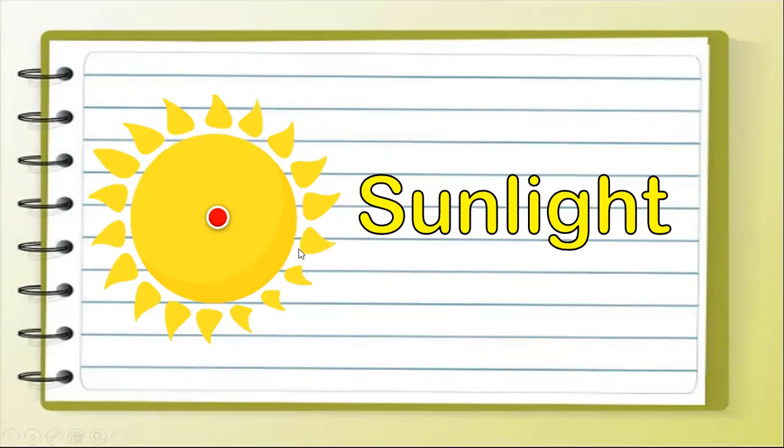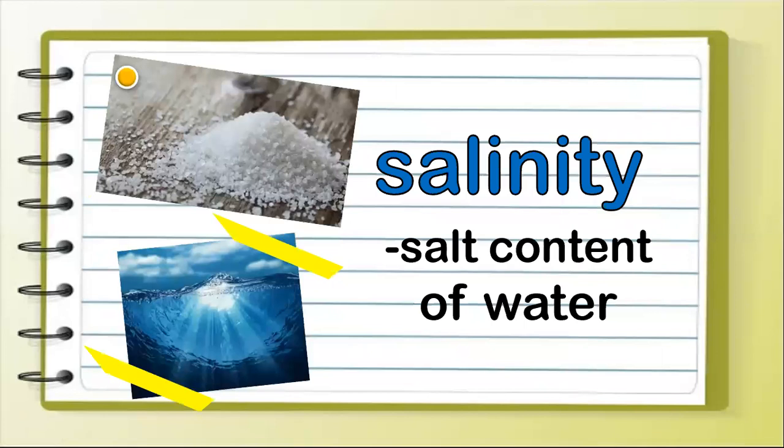Aside from that, this is a non-living thing that gives off energy to plants and animals. We have salinity, the salt content of water. Some aquatic animals need salt in water in order for them to sustain their life or survive in that environment.